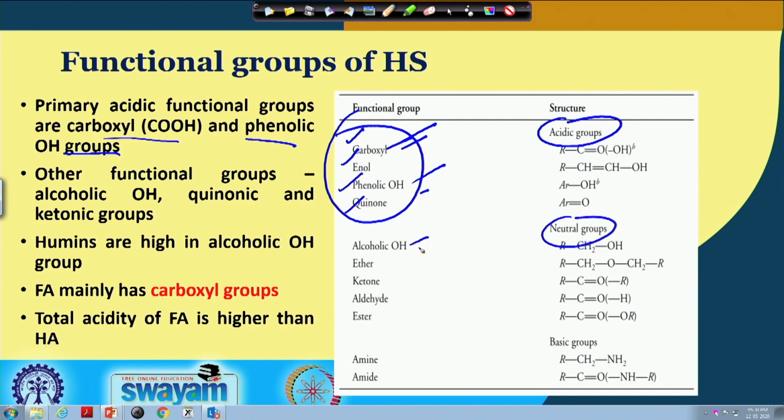In the neutral groups, alcoholic OH and then ether, ketone, aldehyde, esters are the major neutral groups, and among the basic groups amine and amides are the major basic groups. Okay. So, these are the different groups which are present in the humic substances.